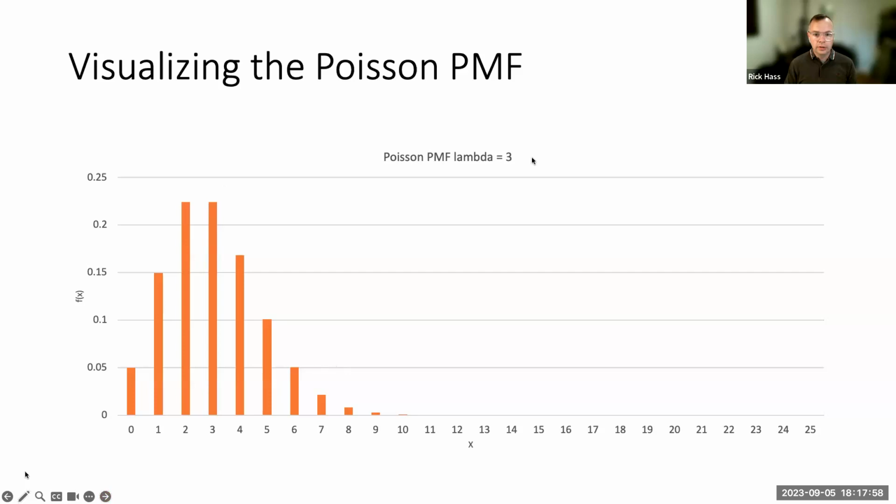Here is an illustration of a Poisson distribution for lambda equals 3, so mean and variance equal 3. Now, this looks a lot like a binomial distribution, doesn't it? A skewed binomial. In fact, it is. A Poisson distribution is essentially a generalization of the binomial distribution for rare events.